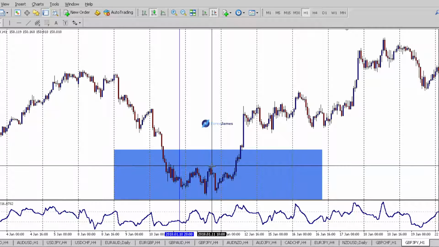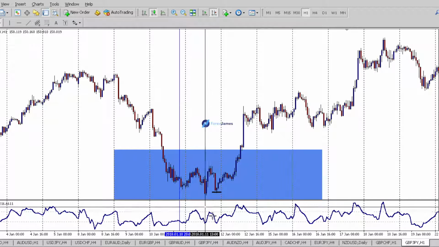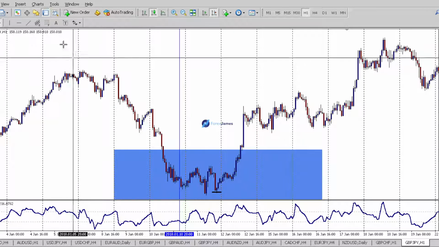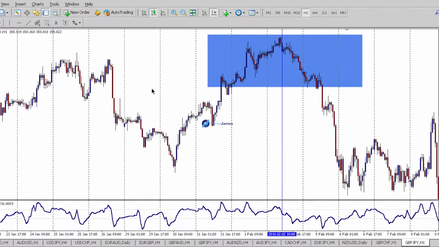Price made a new high. It made a deep pullback here, this point. It then creeps up slowly before breaking out. It broke out of this range here. So there you go, one example of a deep pullback and a shallow pullback.